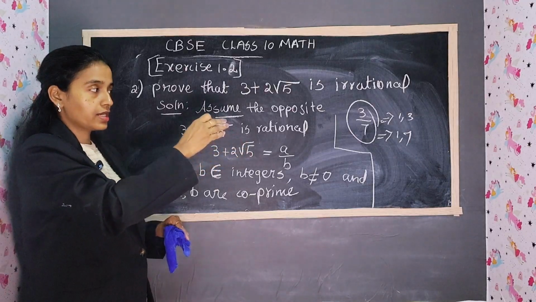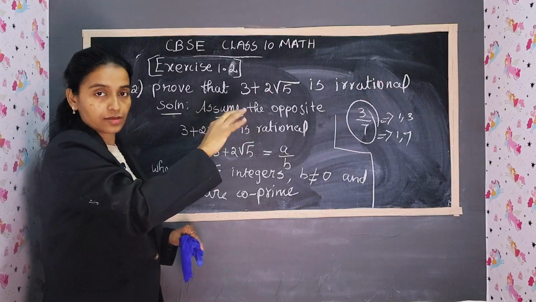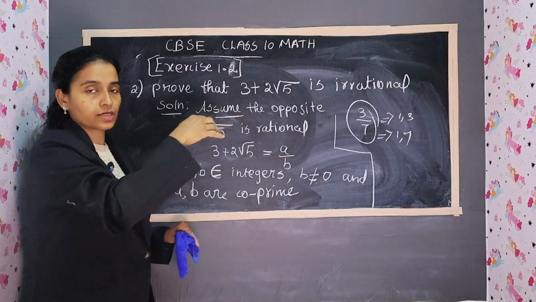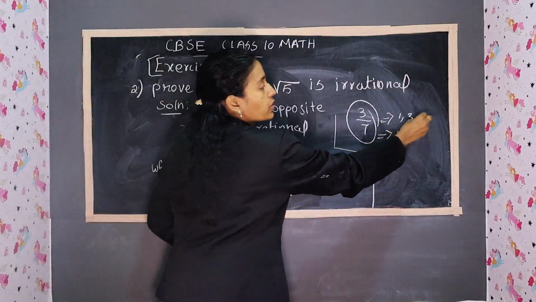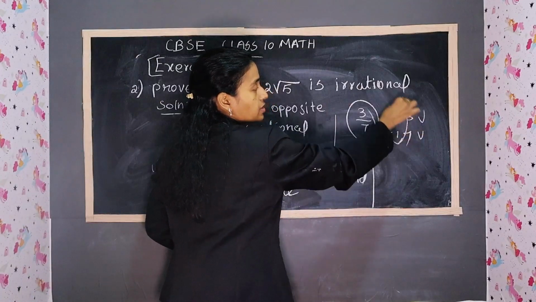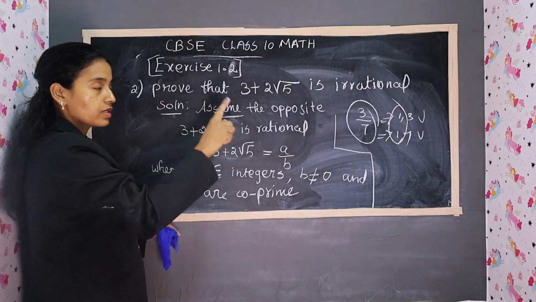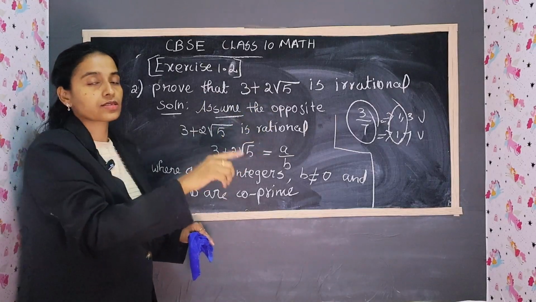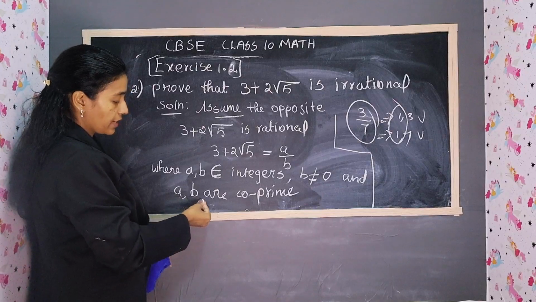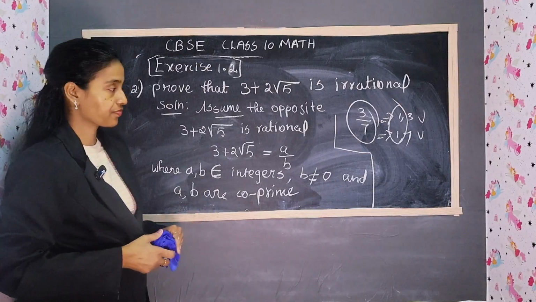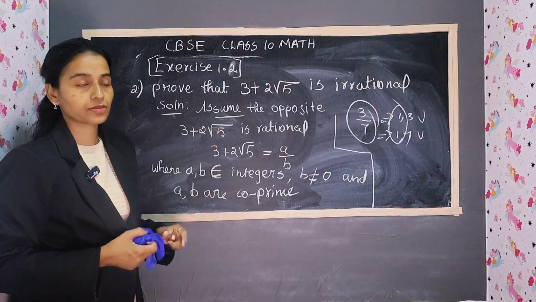Because only by 1 and 7 can we divide 7 completely, right? You can check it out. So in these two cases, the common factor is 1, right? So we can say 3 and 7 are co-prime. So I am writing A comma B are co-prime. These are all the conditions that should be satisfied in rational numbers.